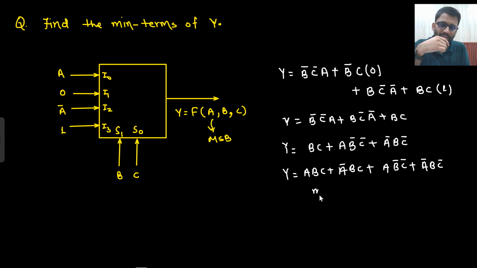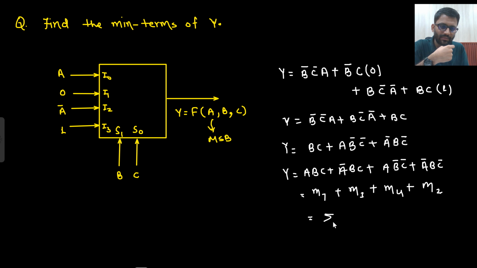Okay. So this minterm is m7. This minterm is 0 1 1, m3. This minterm is 1 0 0. This is m4, plus this minterm is 0 1 0. This is m2.